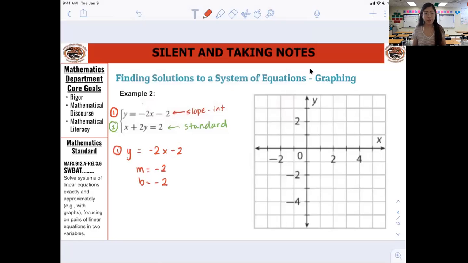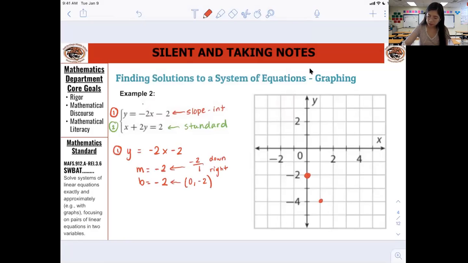And just like the previous example, I go ahead and graph. My first point is 0, comma, negative 2. That's my y-intercept. And from there, where do I go? Down 2, right 1. Good, because this is also the same thing as negative 2 over 1. So I know that this is down and this is right.